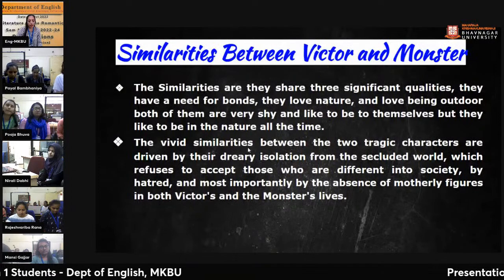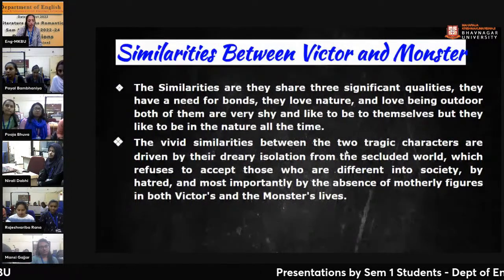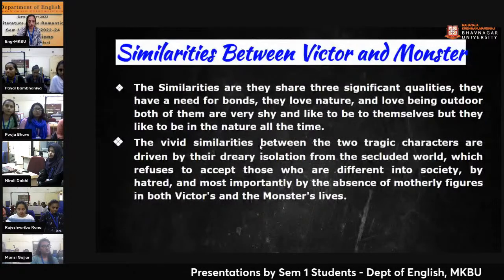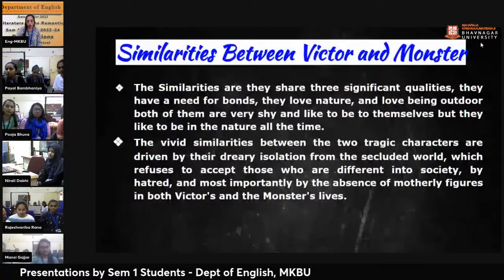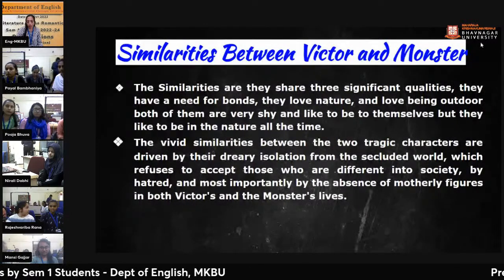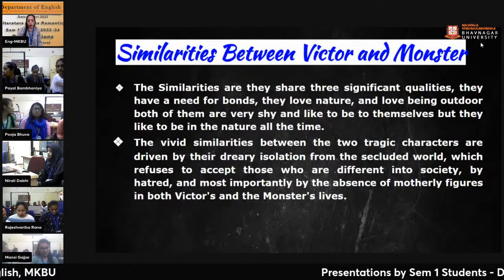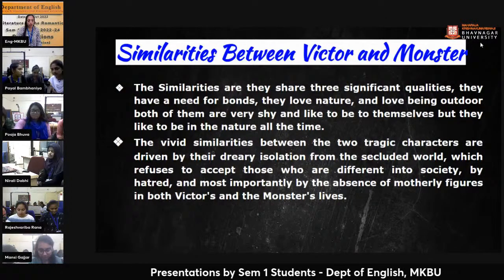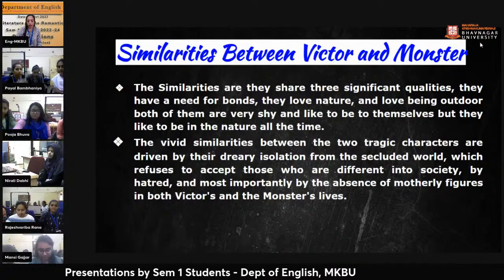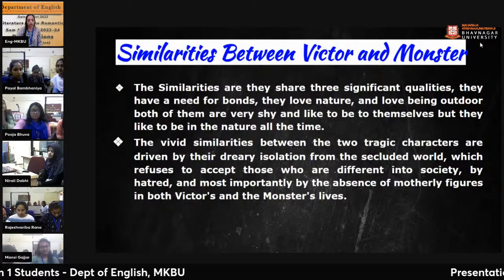The vivid similarities between the two tragic characters are driven by their dreary isolation from the secluded world, which refuses to accept those who are different into society, by hatred, and most important by the absence of motherly figures in both Victor's and the monster's lives.